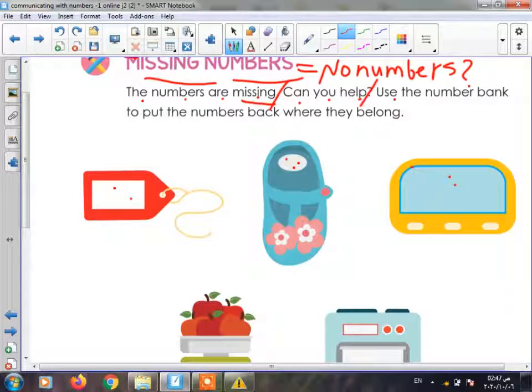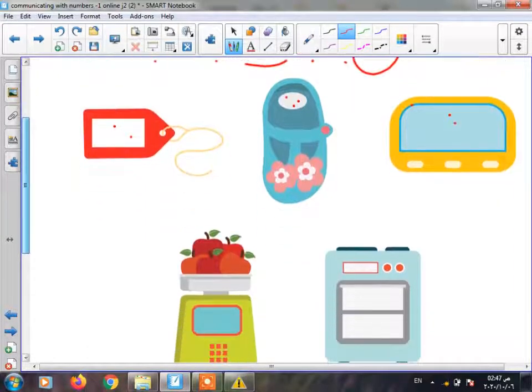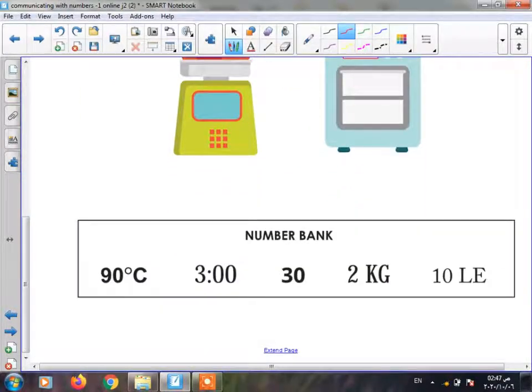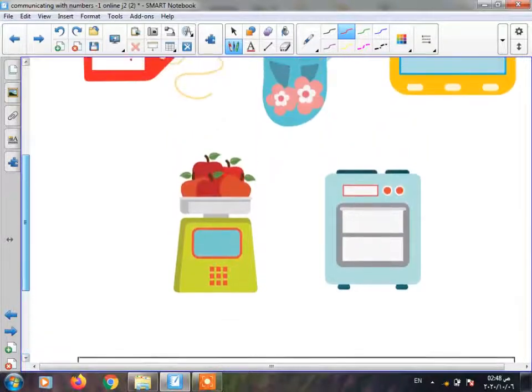Use the number pen to put the numbers back where they belong. What is the meaning of that? Firstly, where is the bank of numbers? Yes, here is the number bank. There are different numbers like this, and there are different shapes.